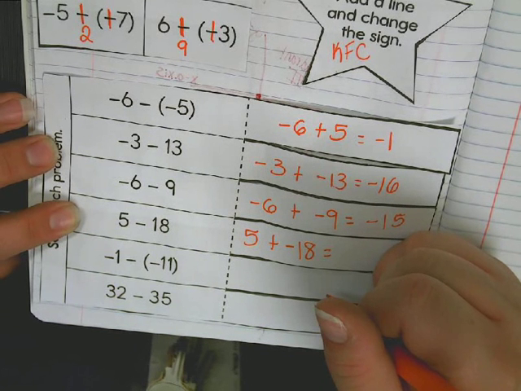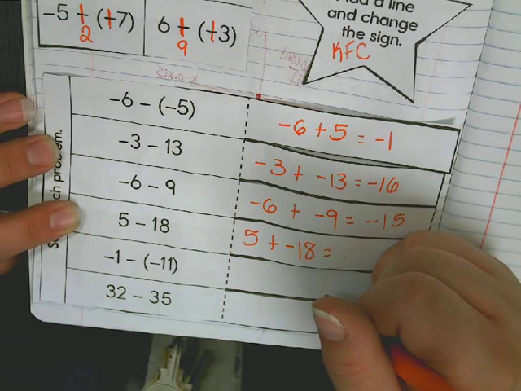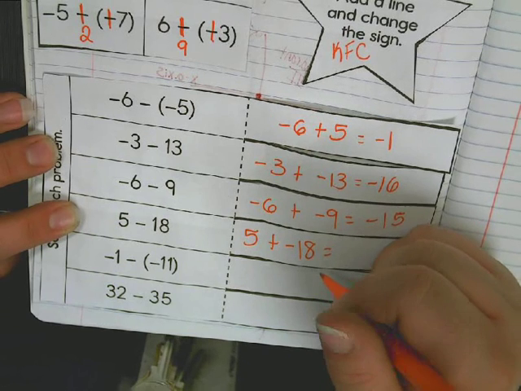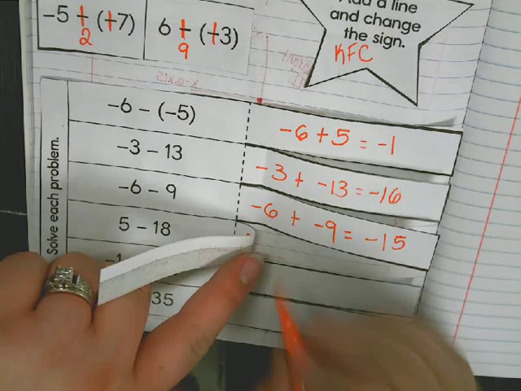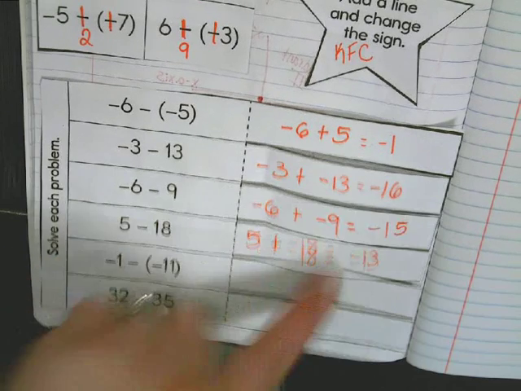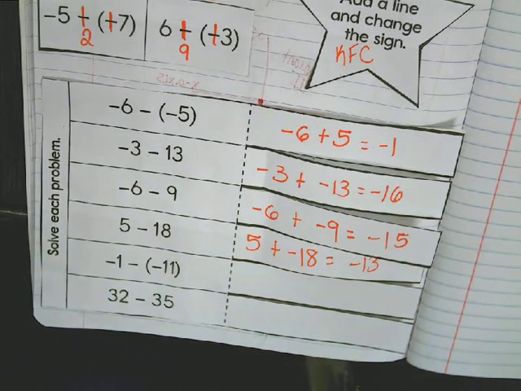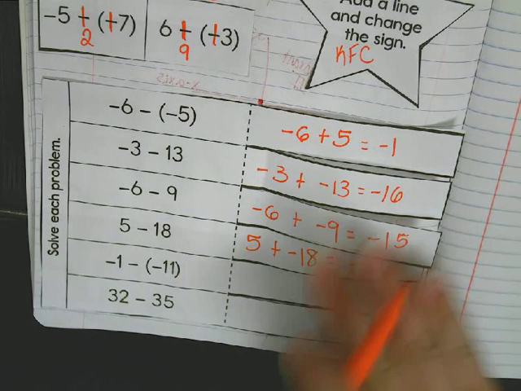Shakithia? -13. Good. Different sign, so you have to subtract. 18 minus 5 would give you 13. Your negative is larger, so it would be a -13.